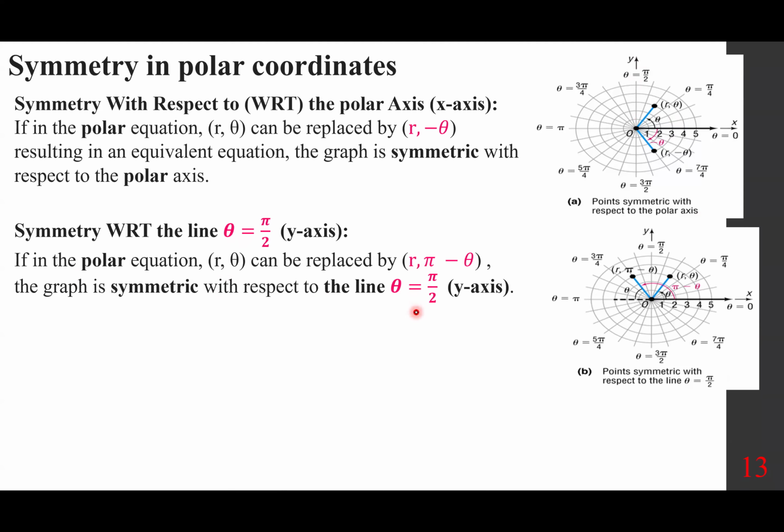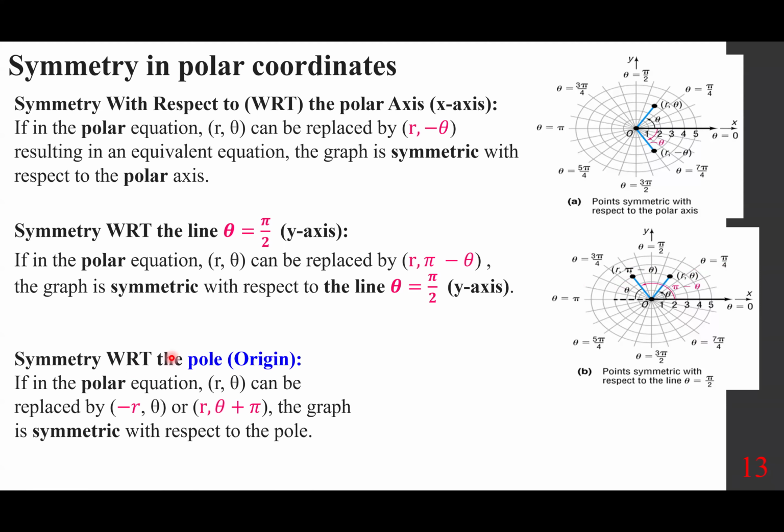Okay, so this point has coordinates r comma theta, and this one has coordinates r comma pi minus theta. If you remember the concept of a reference arc, think of theta as a reference arc in the second quadrant, pi minus theta, okay? That gives you the angle.